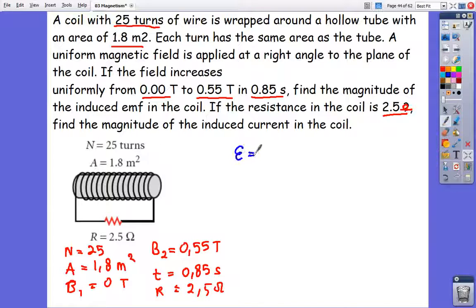EMF is minus N delta B A cos theta over time.